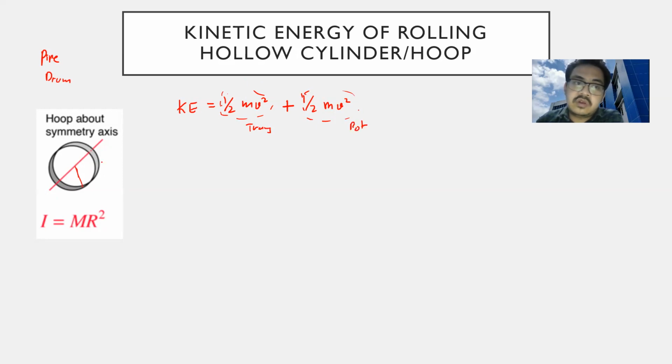This one is because of the motion here, but this one is because of the motion here. Just to make sure that you remember this. Okay, so it's quite simple. The total kinetic energy of a hoop or hollow cylinder is equal to half plus half. It's equal to mv squared. Very simple.